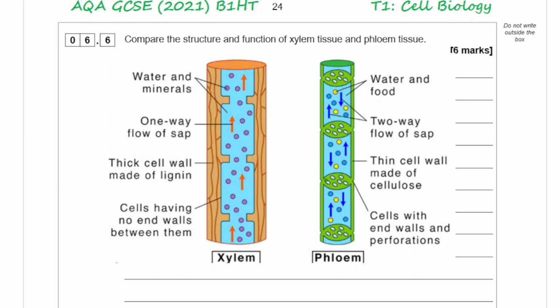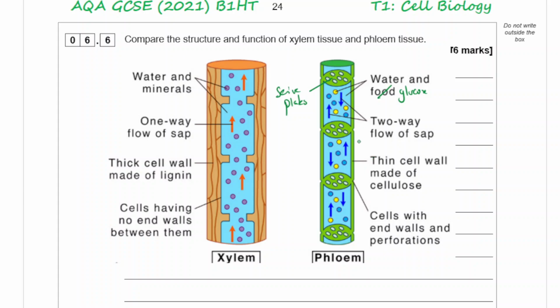Compare this to the phloem. Phloem is made up of compartments. They have these small sieve plates, which have holes which allow the cytoplasm to move through. It transports food, which is glucose, to move back and forth.